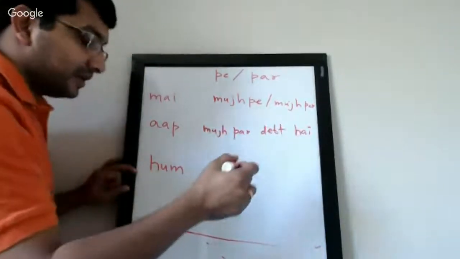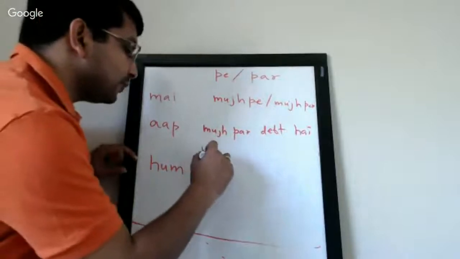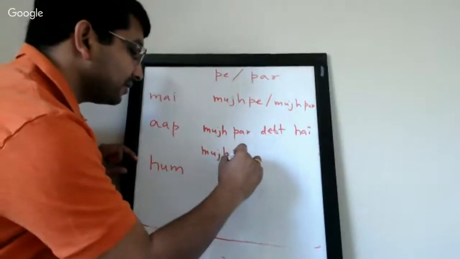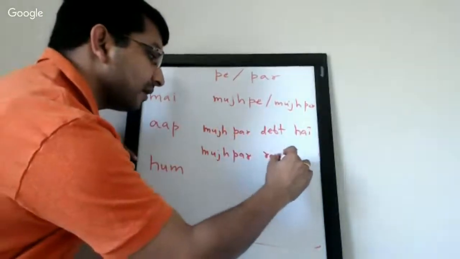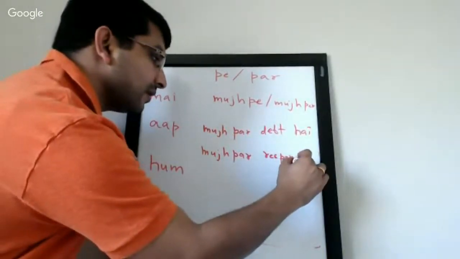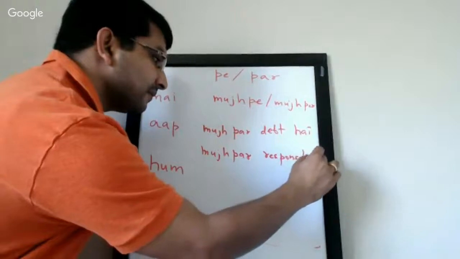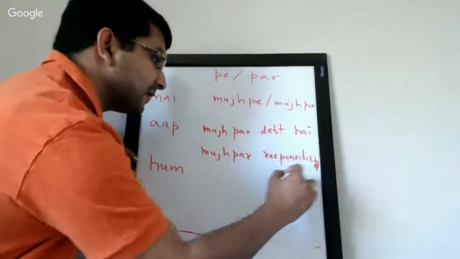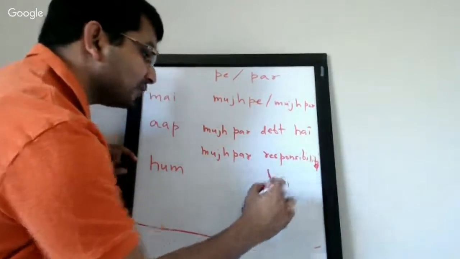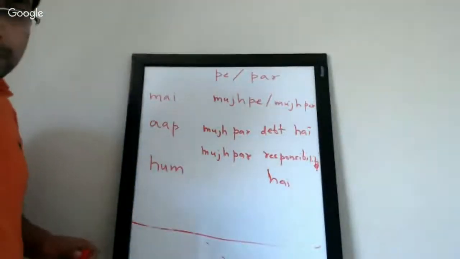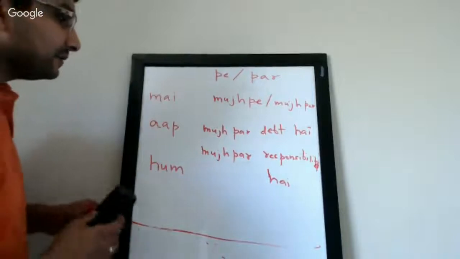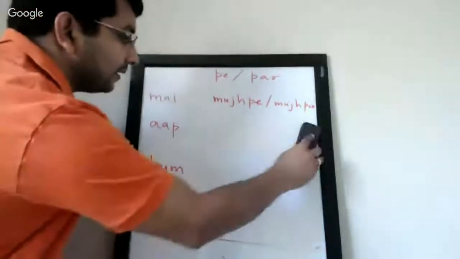On me, right? मुझ पर responsibilities है, on me, there are a lot of responsibilities. You can say that as well.